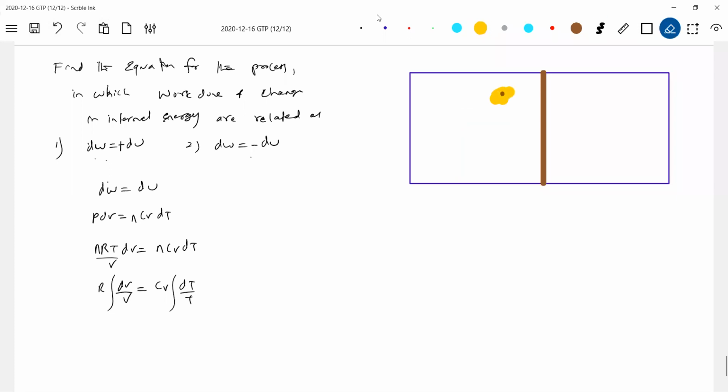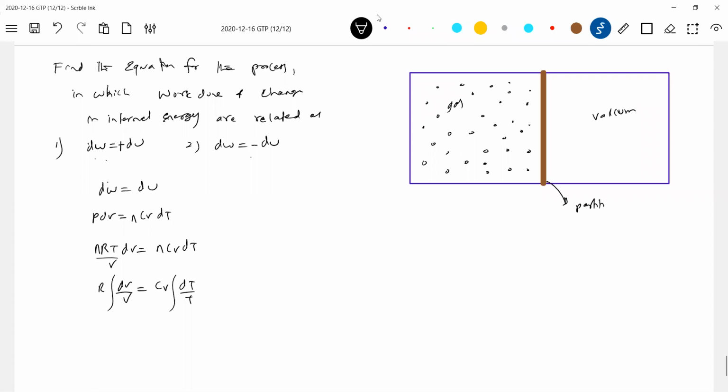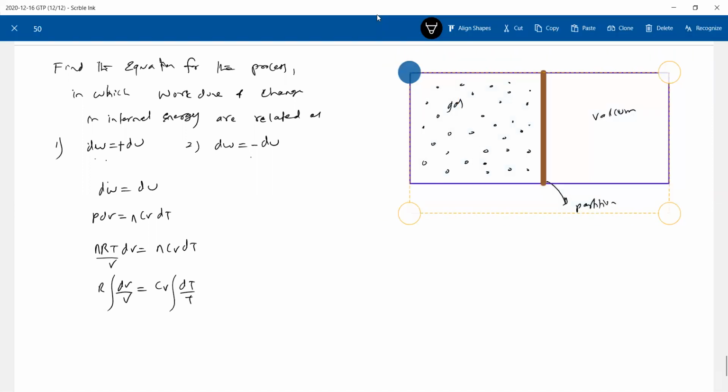Okay, there's a gas like this. So let me show a few bubbles here. There's a vacuum. It's a partition. I'll remove that partition. So when I remove that partition, what will happen to the gas?